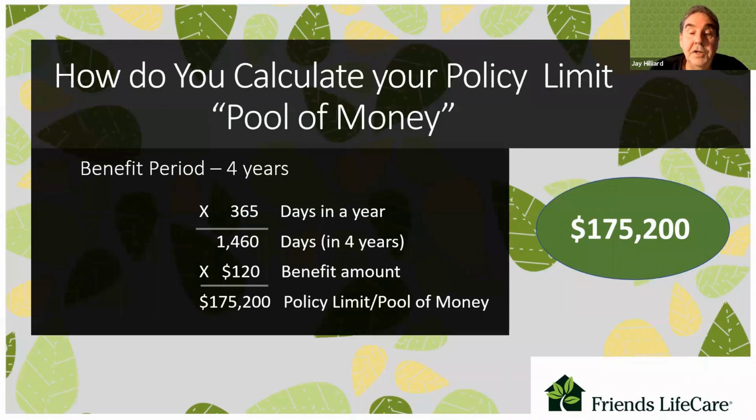The number of days in 4 years is 1,460 days. So you take that number of days times the $120 per day benefit amount. And now you can see where they arrived at that figure of $175,200 policy limit, or pool of money.